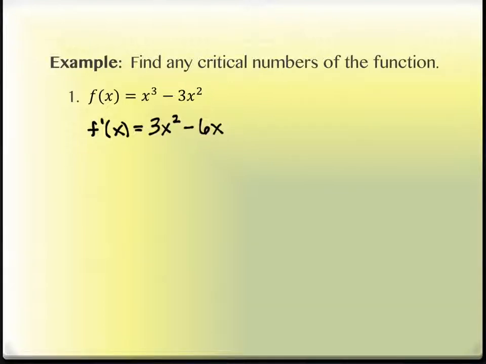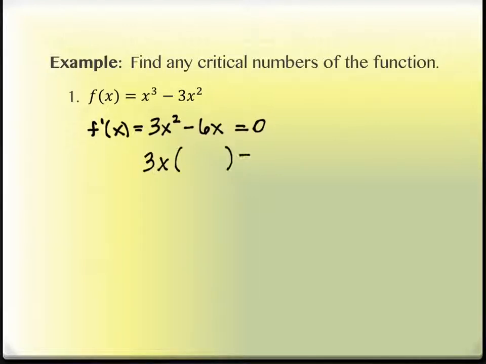All right, so our goal is to take the derivative and to find where it's 0. So if I set this equal to 0, this becomes an algebra problem now, right? How do I find where 3x squared minus 6x is equal to 0? Factor out a 3x. You're right.